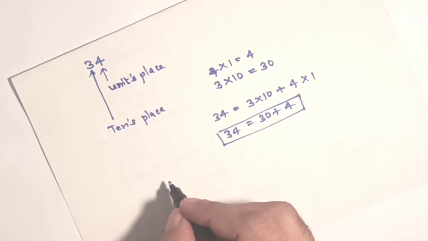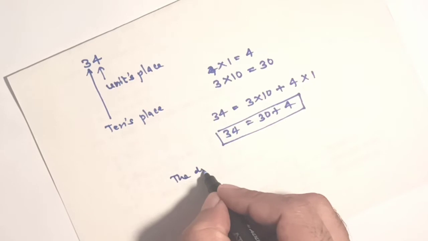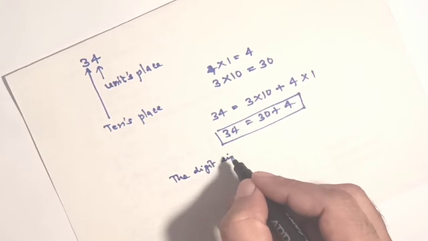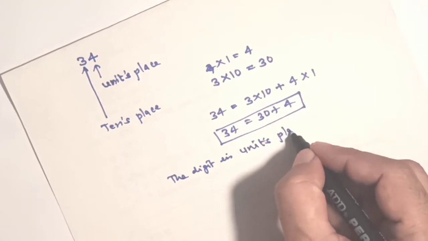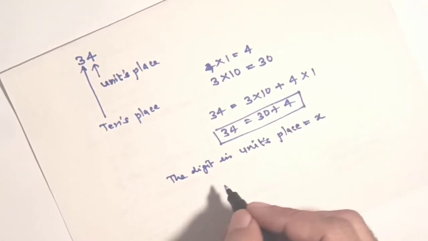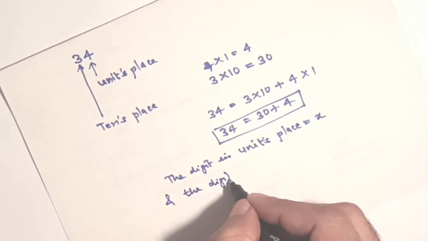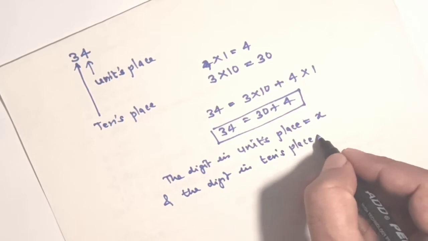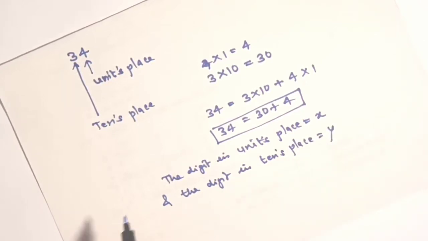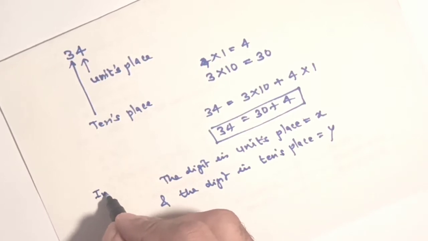Suppose the digit in units place is x and the digit in tens place is y in the given two-digit number.